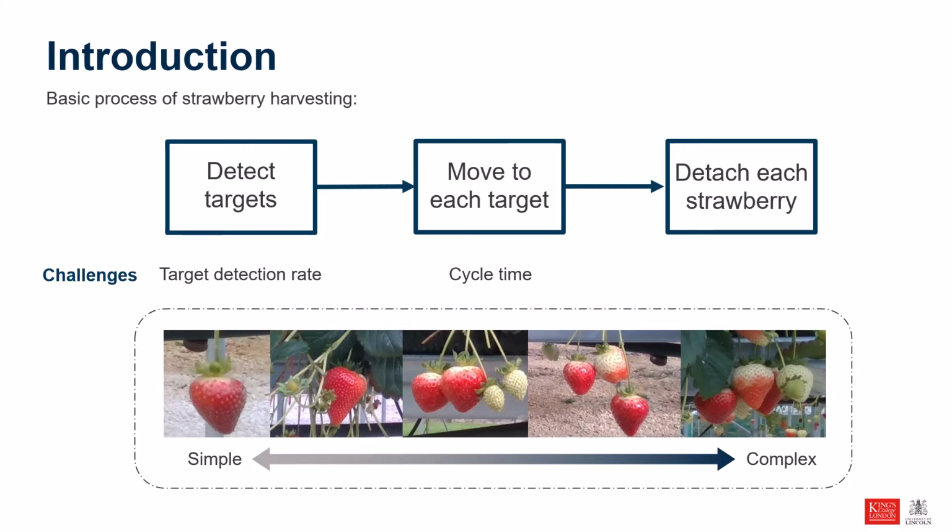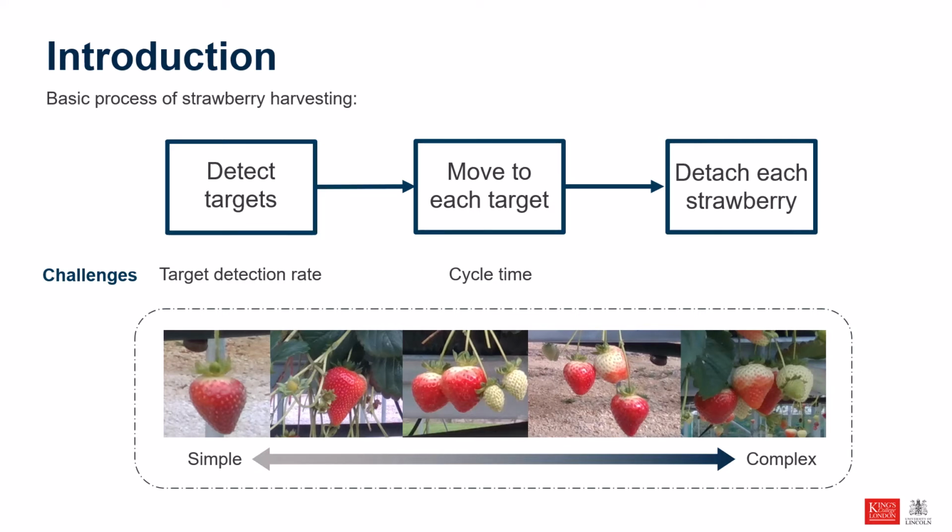Below are some examples of strawberry targets. From left to right, the complexity is increasing. In the simple cases, the strawberry is not covered by anything and its neighborhood is very clear. It is easy to detect and also easy to reach with a gripper.